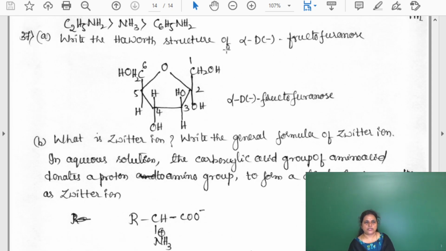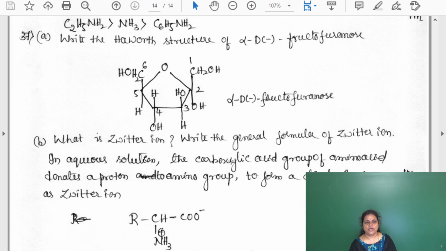Write the Haworth structure of alpha D fructofuranose. You have to write a pentagonal structure, which carries 5 atoms, 1 oxygen and 4 carbon atoms. So fructofuranose, you have to write the alpha structure.